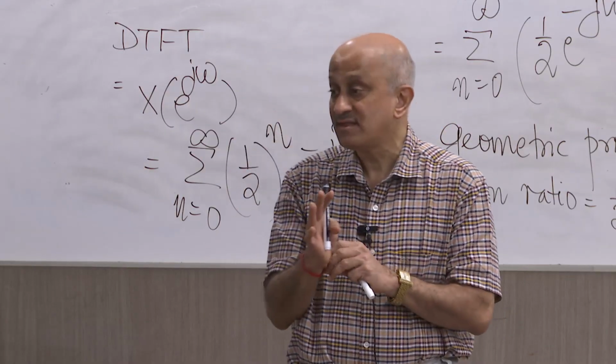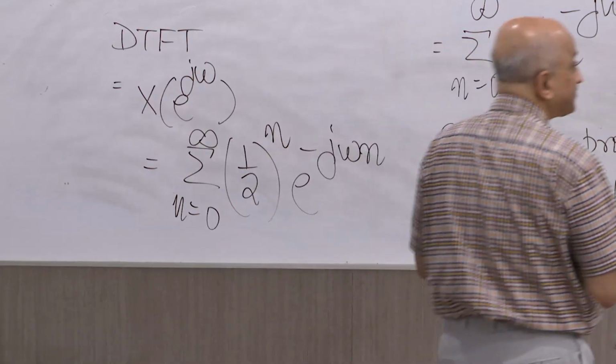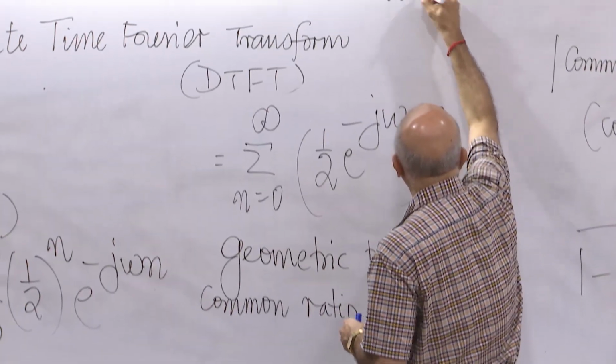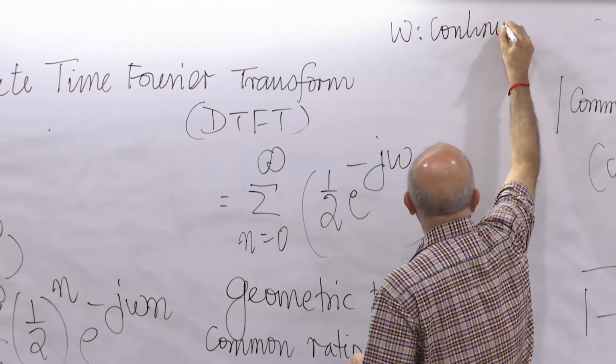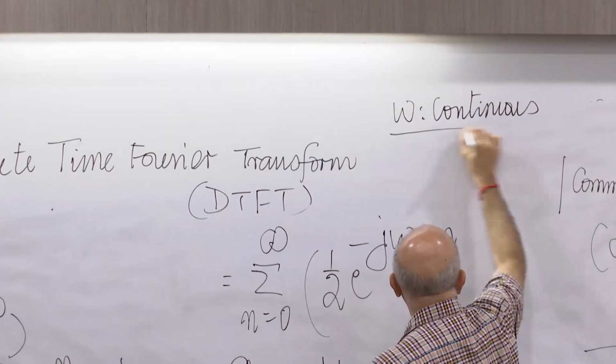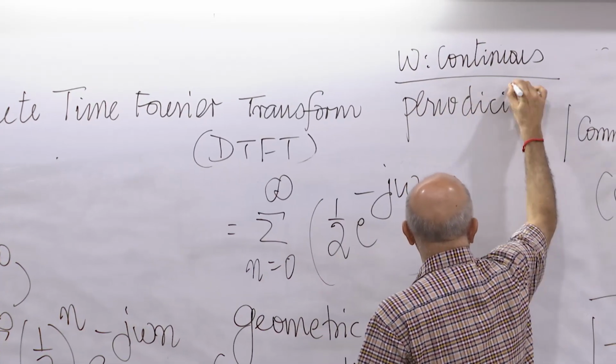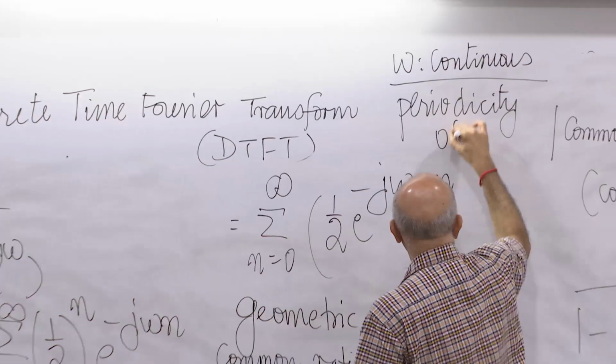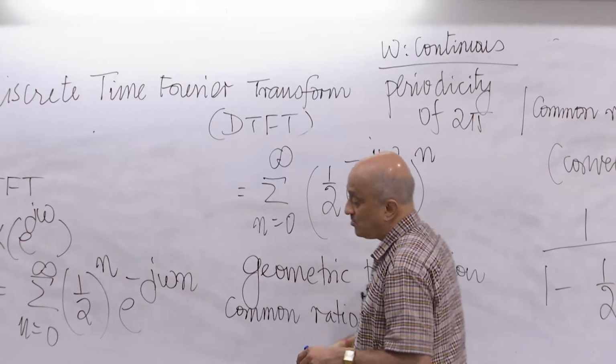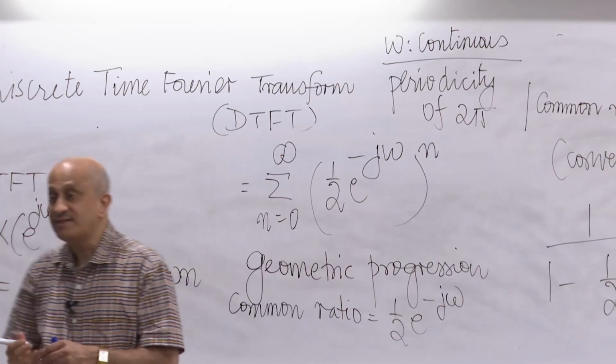Omega is continuous. But you see, there's a periodicity of 2 pi. So, on the omega axis, there's a periodicity of 2 pi.